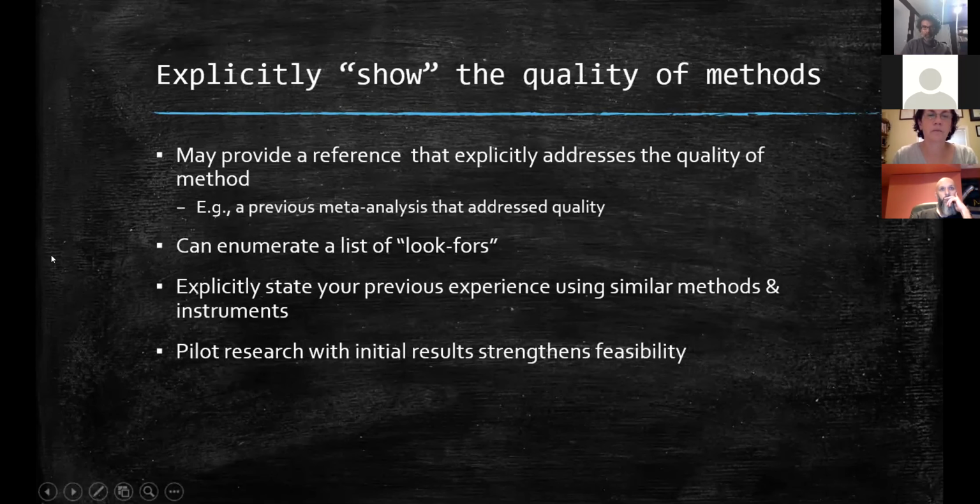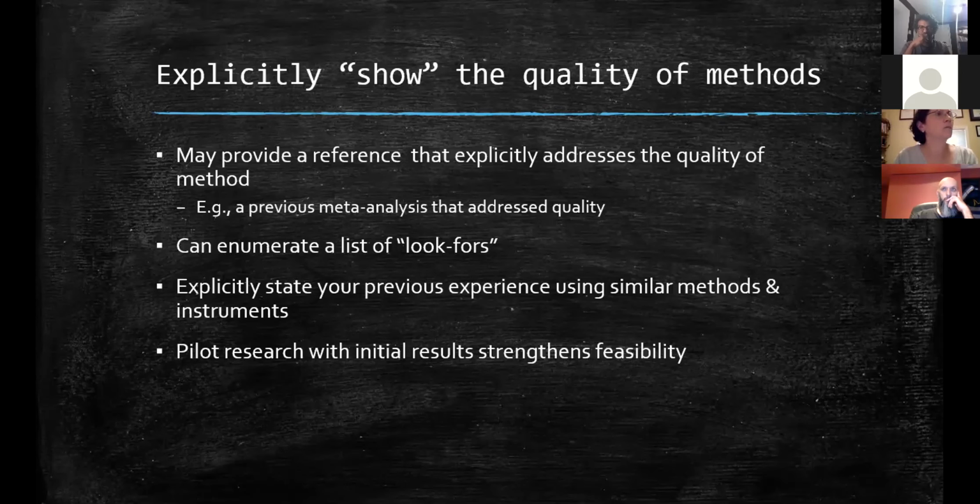Explicitly showing the quality of the method. If you can make a meta statement about why you've pursued your methods in a rigorous way, I think that can be helpful for reviewers. And I've had reviewers comment positively on this. So for example, if there's a previous literature review that's looked at the quality of research in your area and made recommendations about how research should be done, if you can cite that, that's great.